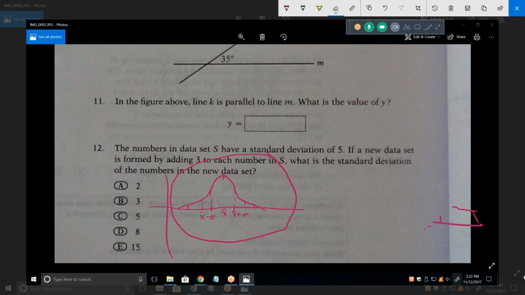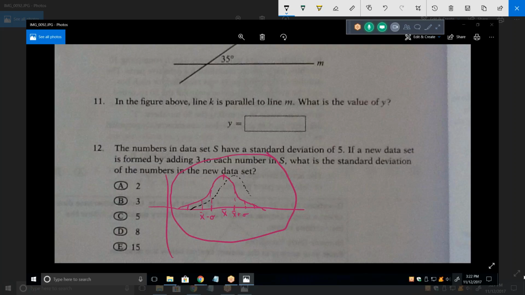Now, if I take every value in here and add 3 to it, all it does is shift the mean over by 3. It doesn't change the shape of the curve. Oh, so it just moves over. Yeah.